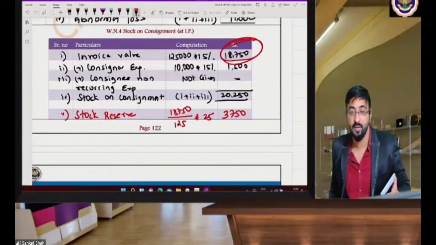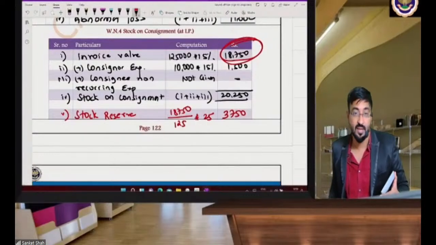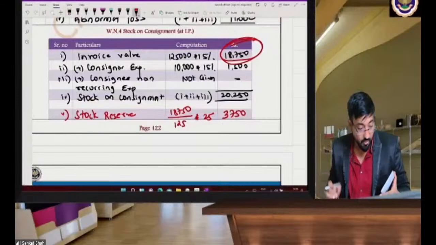We have completed this. Invoice value. And please understand, 18,750 only is invoice value. Consignor expenses is not inclusive of any loading. Consignee non-recurring expenses also not including loading. So only invoice value. Goods are only recorded at invoice price. So cancel only on 18,750.